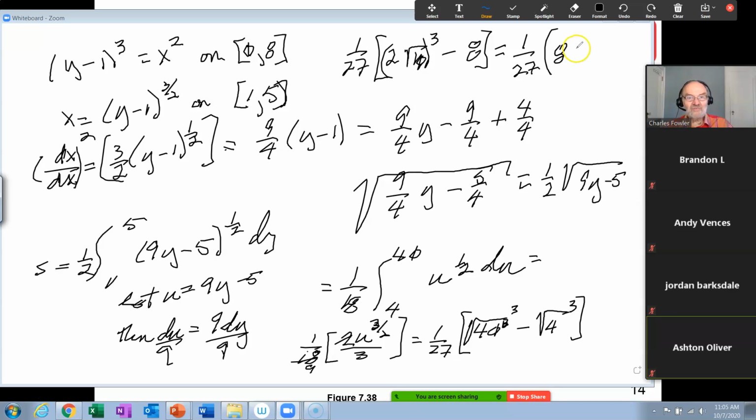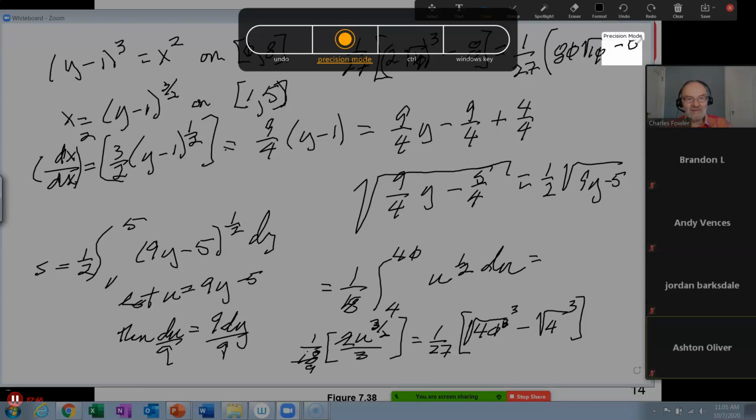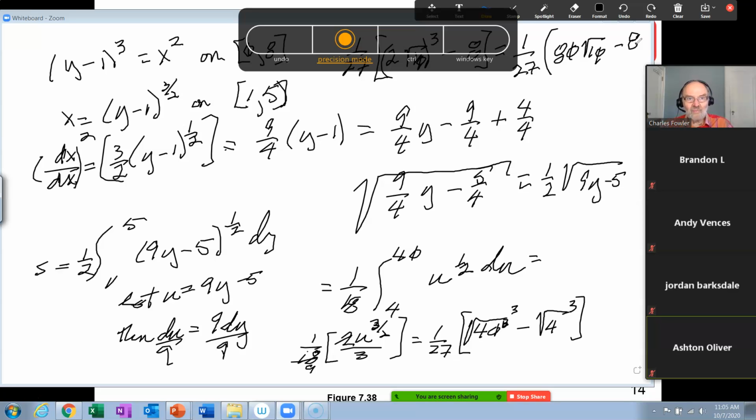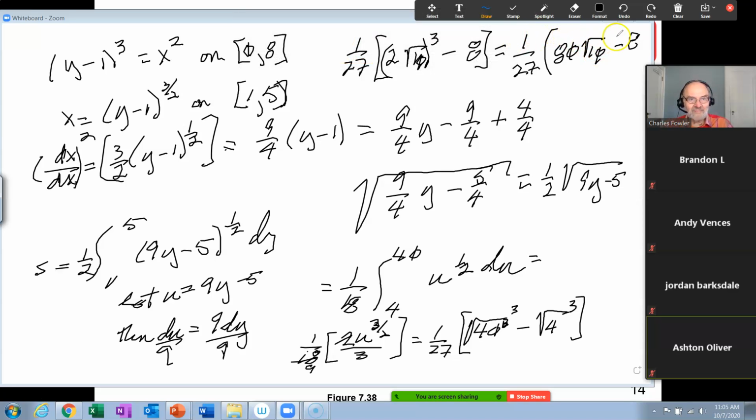Square root of 10 squared is 10, so that makes it 80 times one more root 10, minus 8.